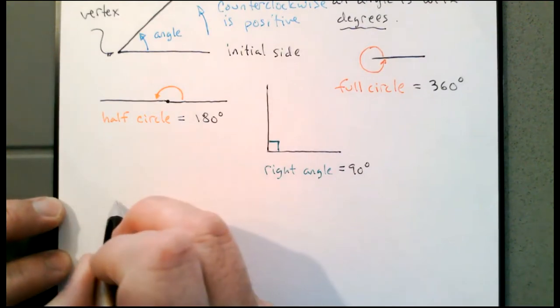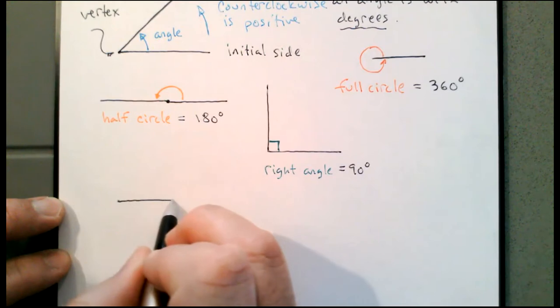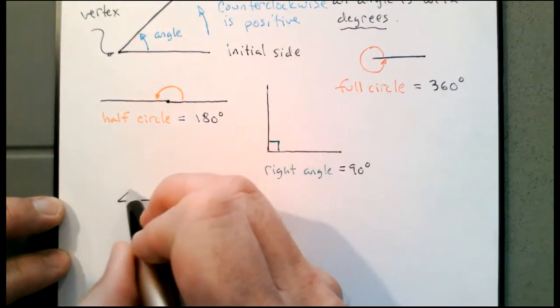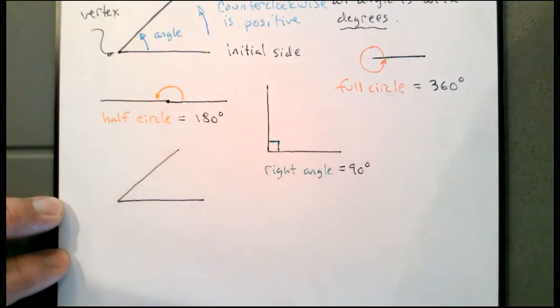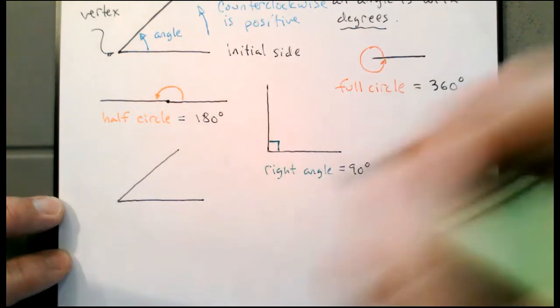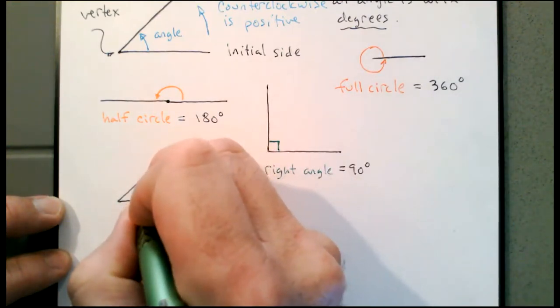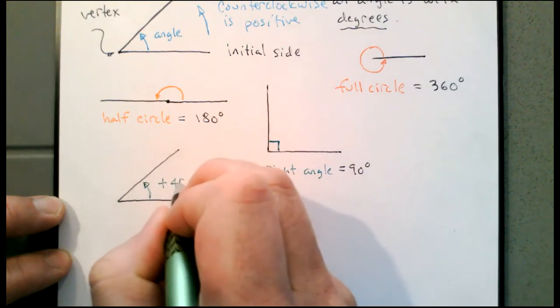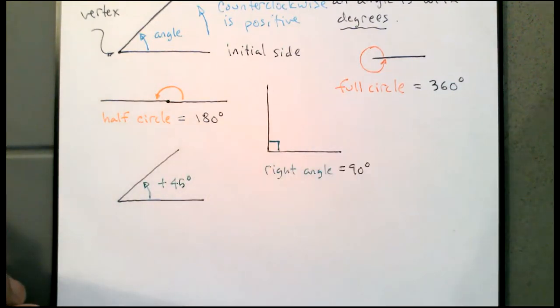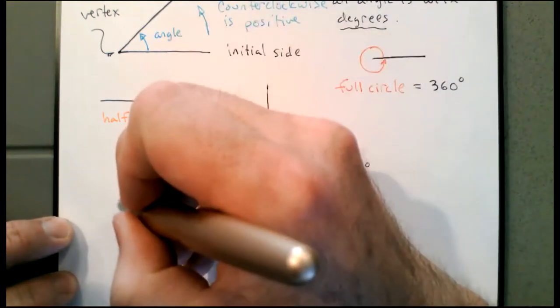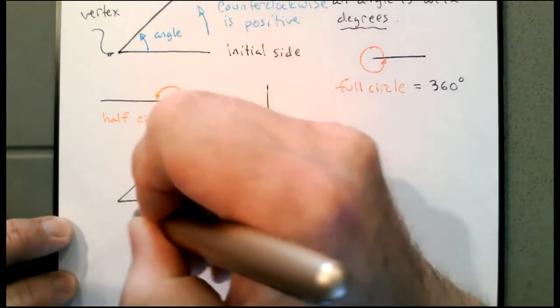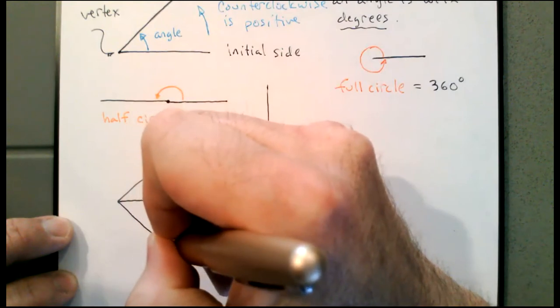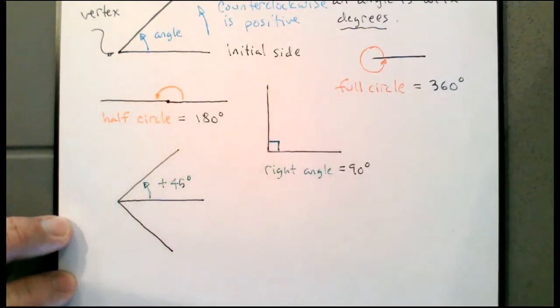So for example, if I go half of a right angle here, this would be a positive 45-degree angle. But if I go clockwise through 45 degrees, this would be a negative 45-degree angle.